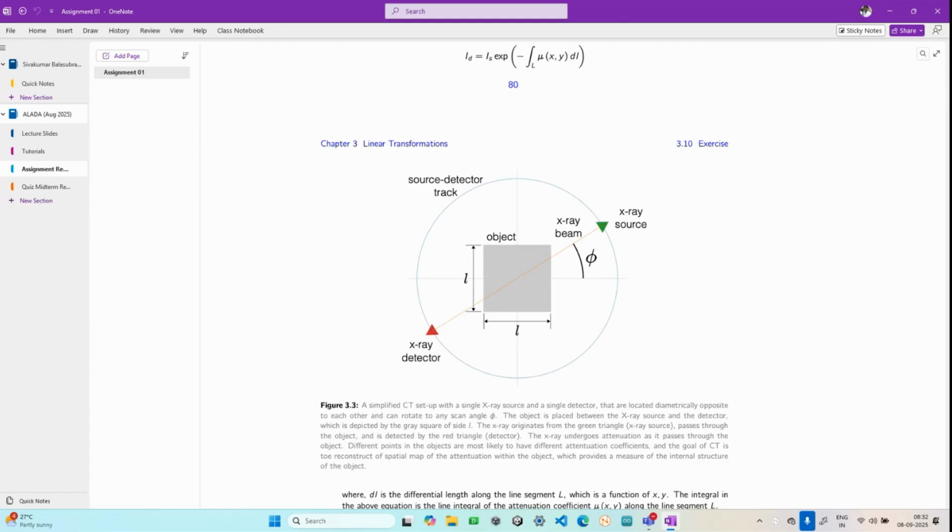The reason I gave this example is because this at least simplifies or gives you an idea how to go about doing this. For example, if phi is 0, what will be the relationship between output and input?